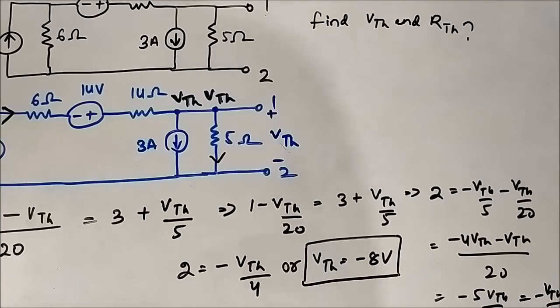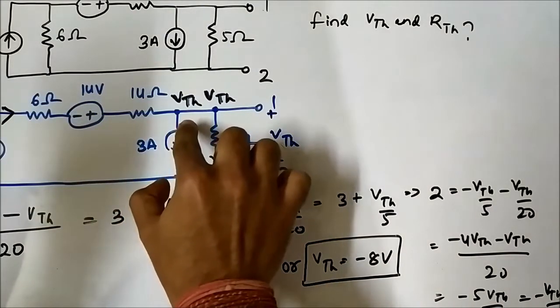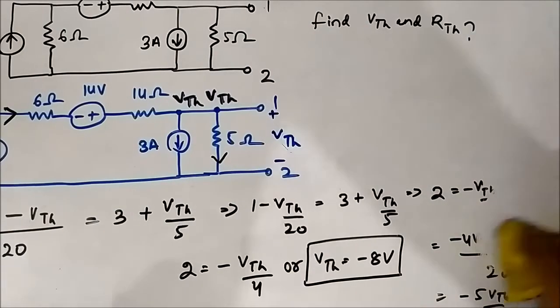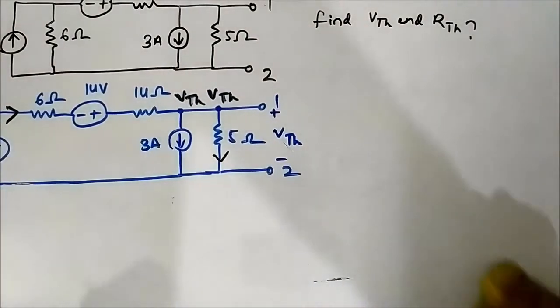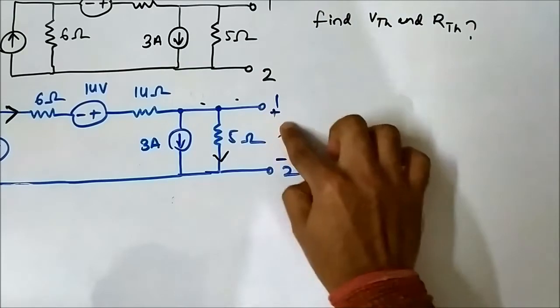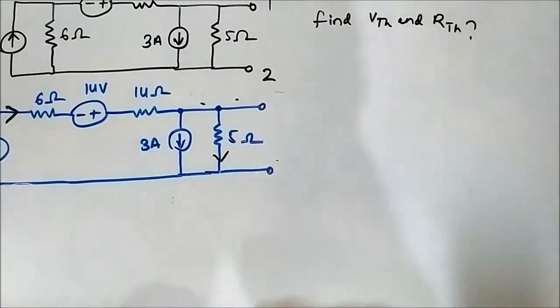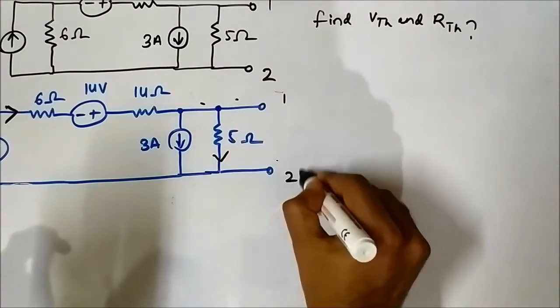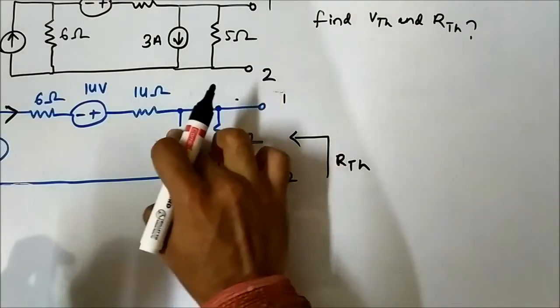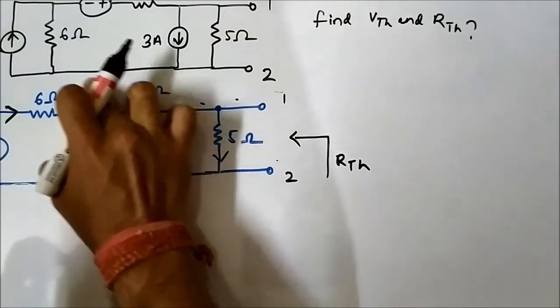Now we have to determine the RTH. For RTH, we have to open circuit the current sources, short circuit the voltage sources.